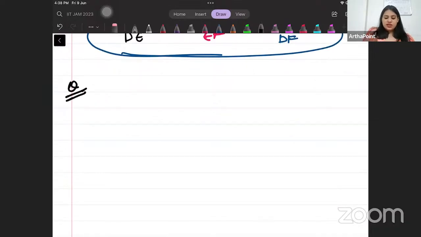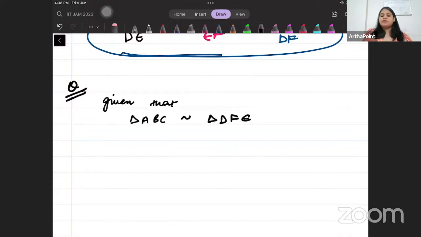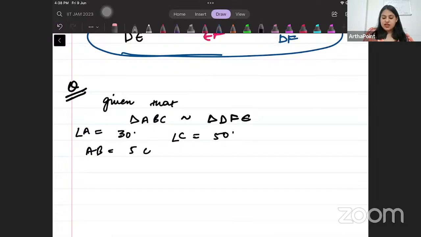So beta, it is given that triangle ABC is similar to triangle DFE. And angle A is given as 30 degrees. Angle C is given as 50 degrees. AB is given as 5 centimeter. AC is given as 8 centimeter. DF is given as 7.5. Then which of the following is true?